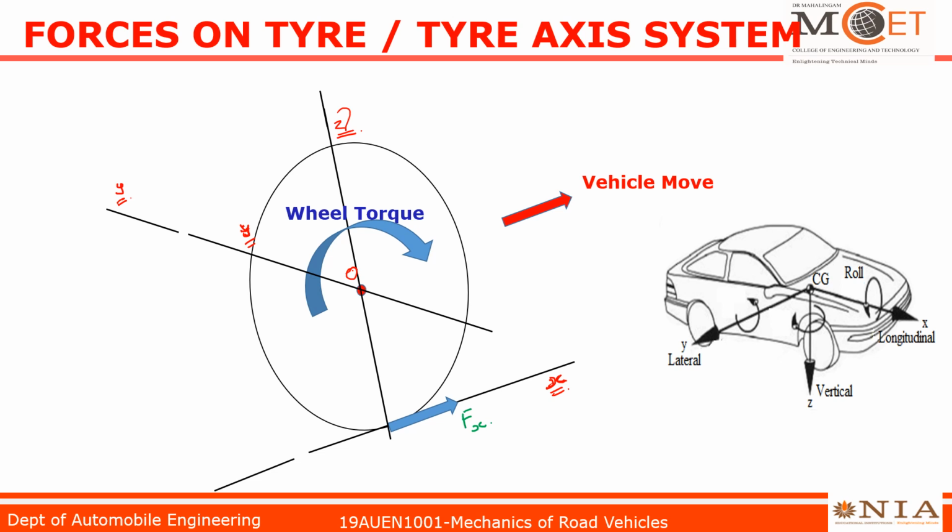If the force acts in the Y-axis or Y directional axis, it may be like this. So this X direction force Fx is longitudinal force. This I just take as Fy.